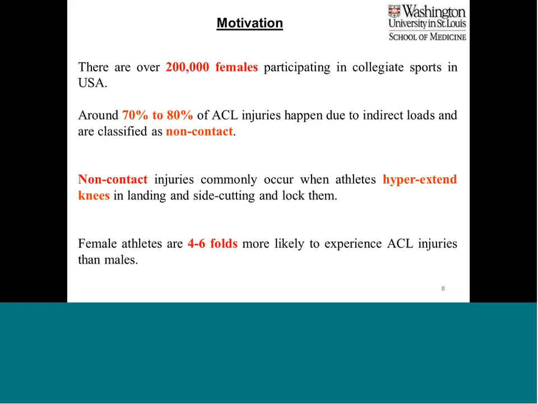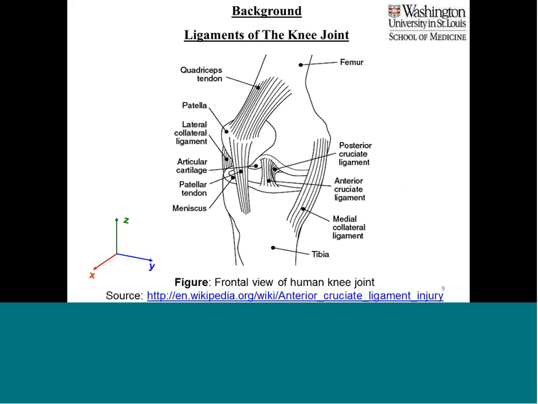Non-contact injuries commonly occur when athletes are trying to recover from their drop and they hyperextend their knees, and right after landing or side cutting, they lock their knees in that hyperextended position. Finally, female athletes are 4 to 6 times more likely to experience ACL injuries than males, although it happens to both of them.